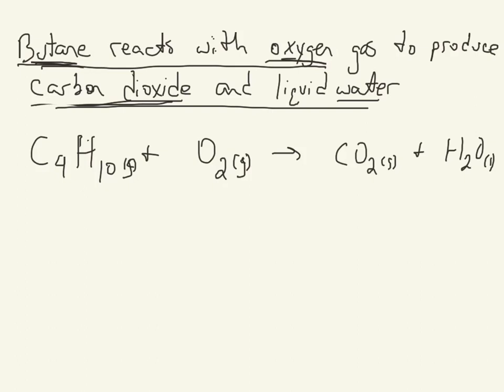Now, when you're balancing, most of the time when you have a hydrocarbon, so when you have carbons, hydrogens, and oxygens, you usually want to leave the H's and the O's till the end, so leave the O's till last. So we're going to balance the carbons first. On our reactant side we have 4 carbons right now.